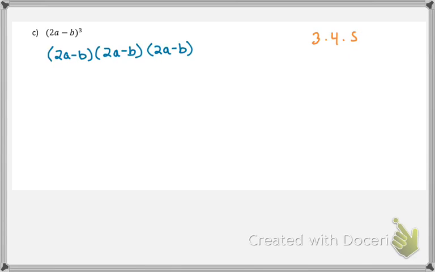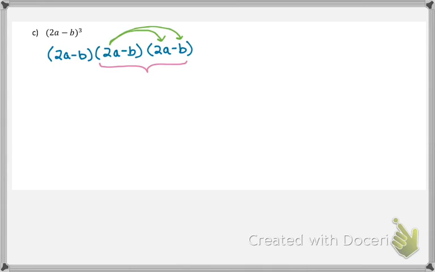So I'm going to go ahead and just ignore one of them and multiply these two first. I'm going to keep that one in the front for later. And because it's not super long, I'm just going to do my distributing horizontally. If you want to do the area model, you can.